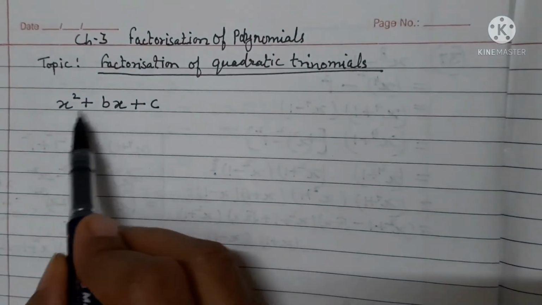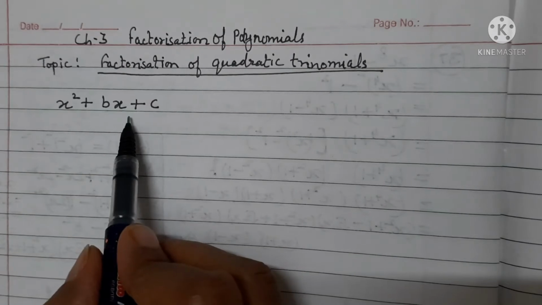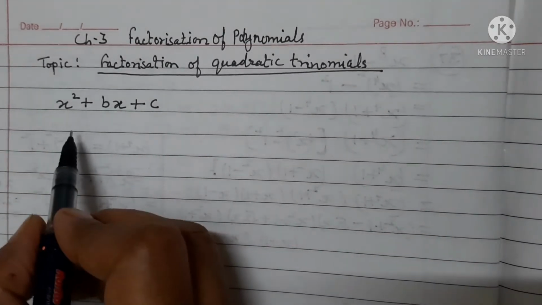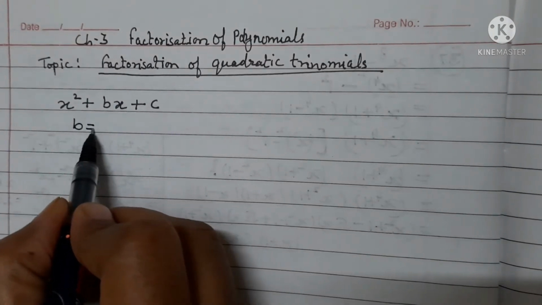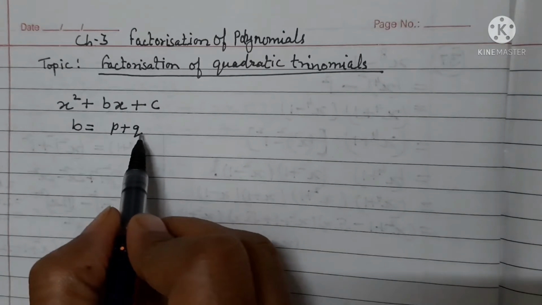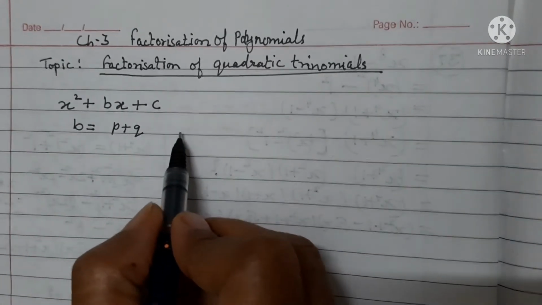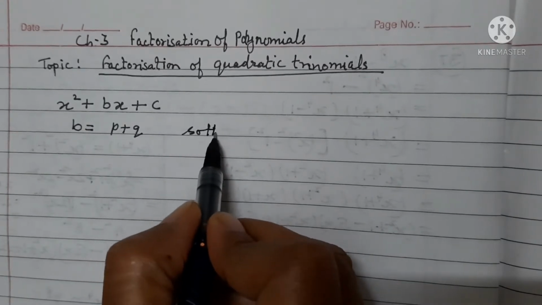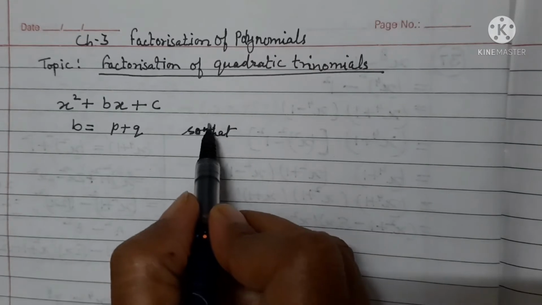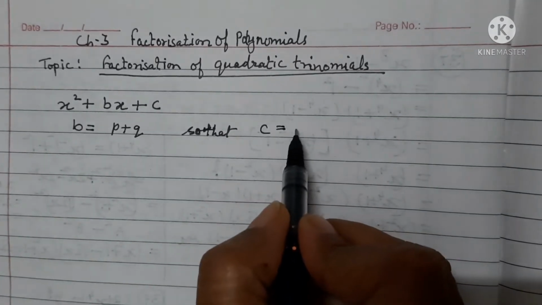You already know the factorization of a polynomial like this by splitting the middle term, where b is equal to p plus q, p and q are integers, and c is equal to pq.